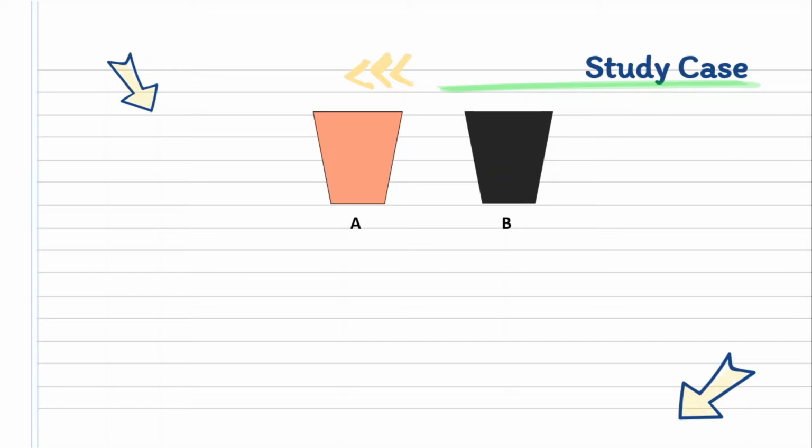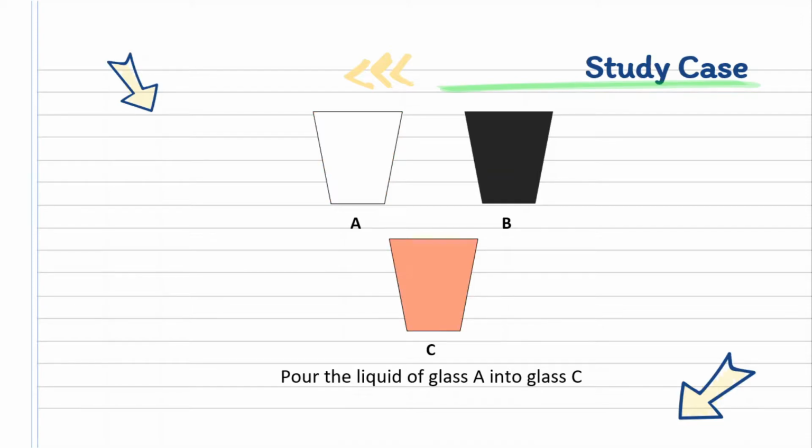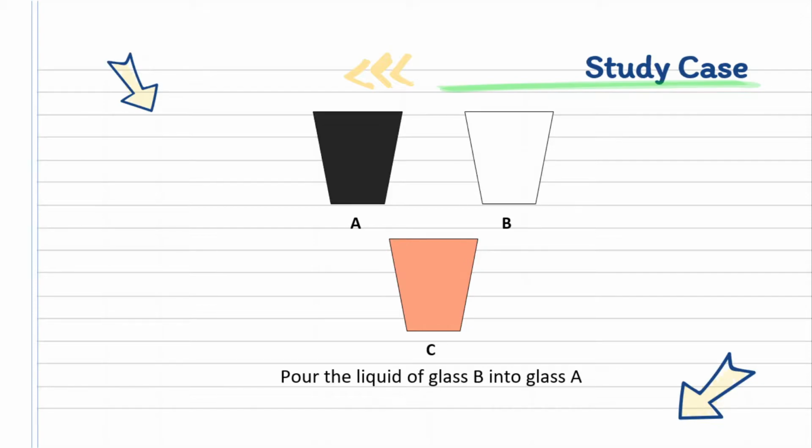The first step that we do is to prepare a third glass, namely glass C. Then pour the liquid of glass A into glass C. After that, we pour the liquid of glass B into glass A. And last, pour the liquid of glass C into glass B. Finally, the liquid of glass A and glass B were successfully changed.